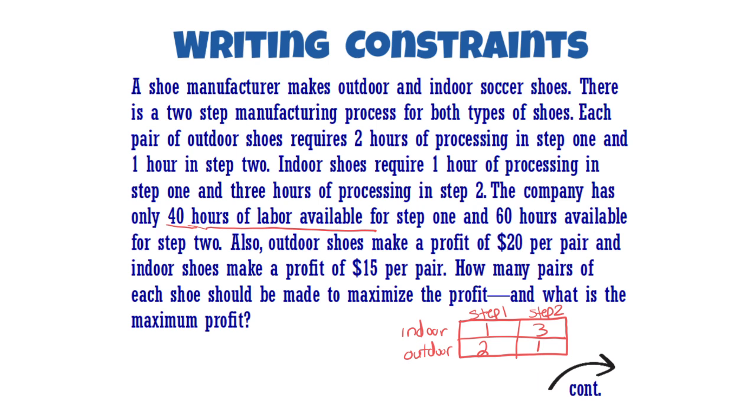This problem, the way I set it up, you have 40 hours of labor available for step 1. So step 1 is going to max out here at 40. So I'm going to go downward. I'm going to make a total row and say step 1 maxes out at 40. And then if you keep reading, I have 60 hours available for step 2. So I'm going to max out there.